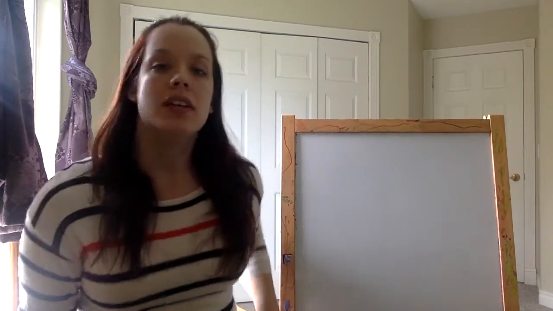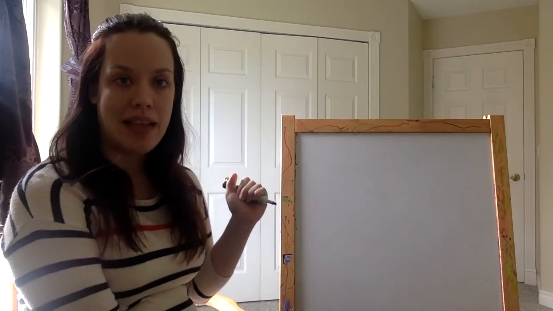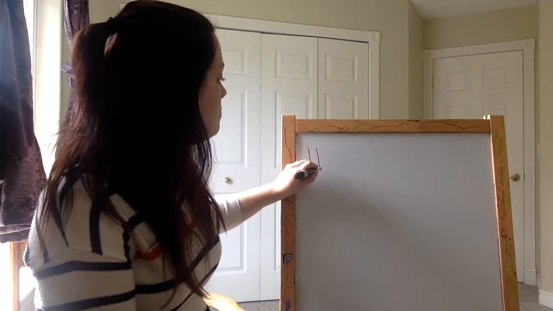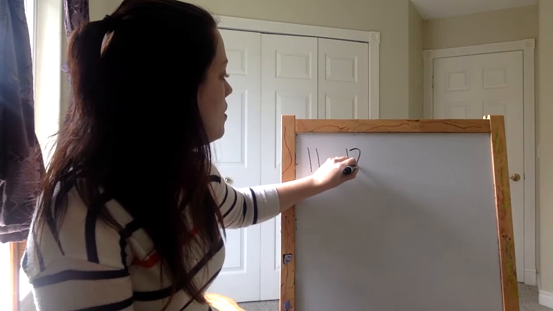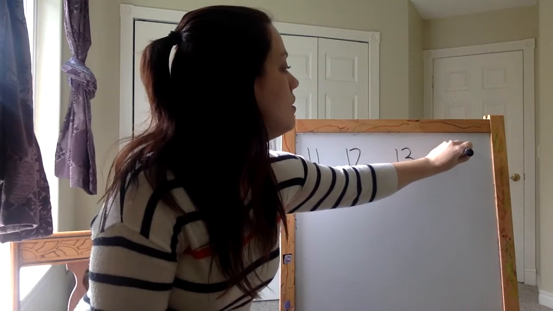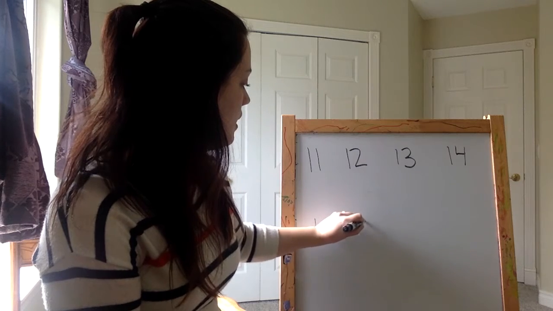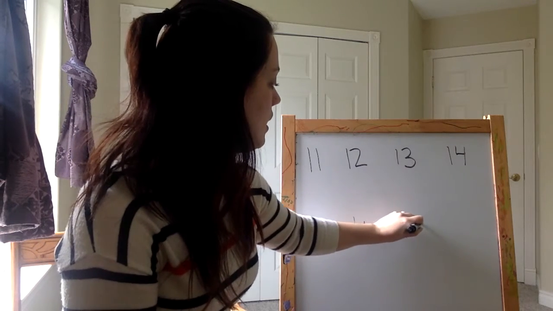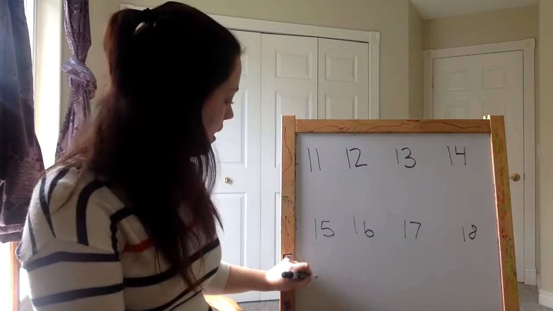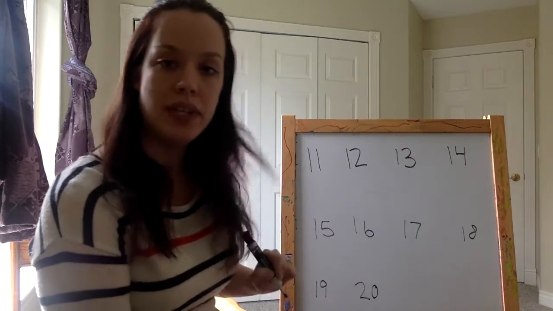To start off, we're just going to do a super quick review of the teen numbers, starting with 11. Count with me while I write. Ready? 11, 12, 13, 14, 15, 16, 17, 18, 19, and 20.